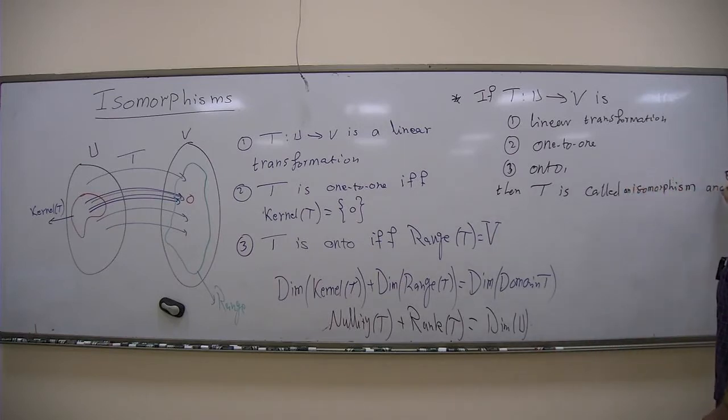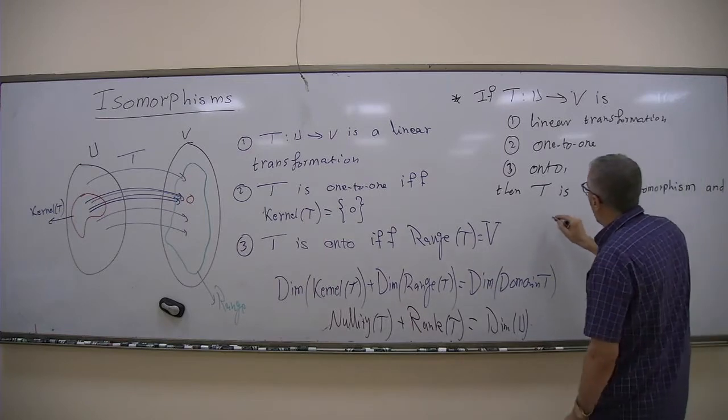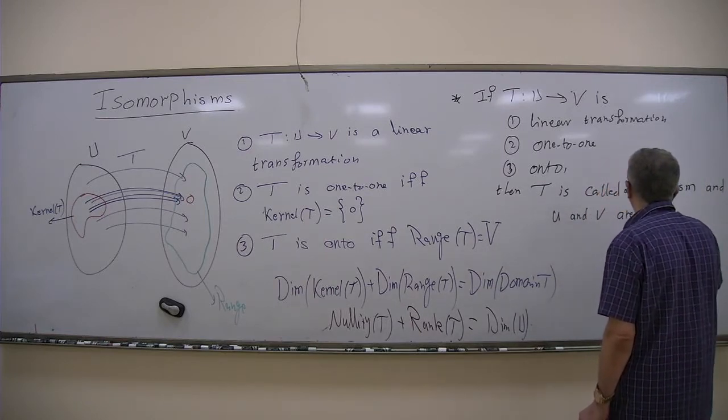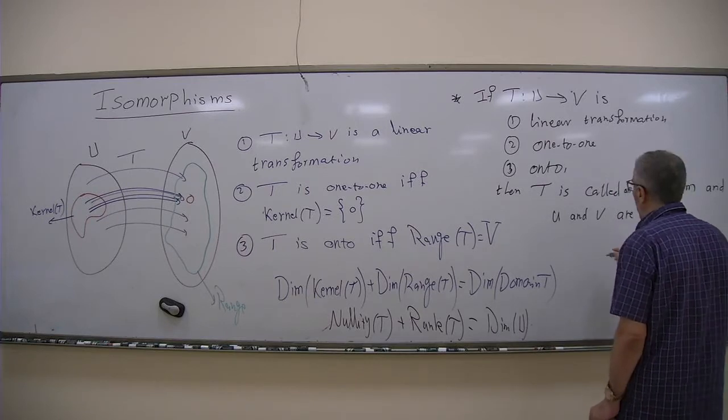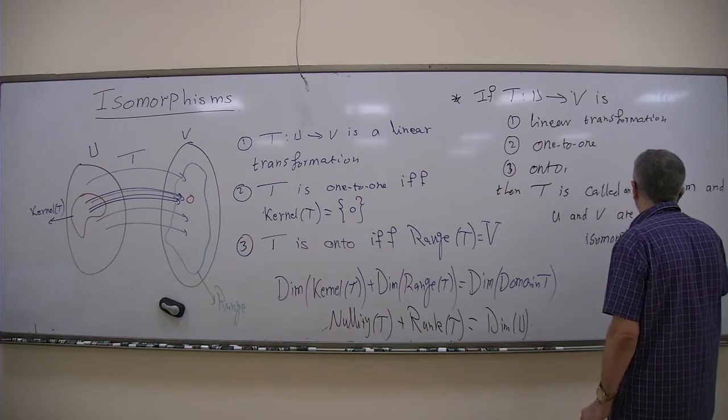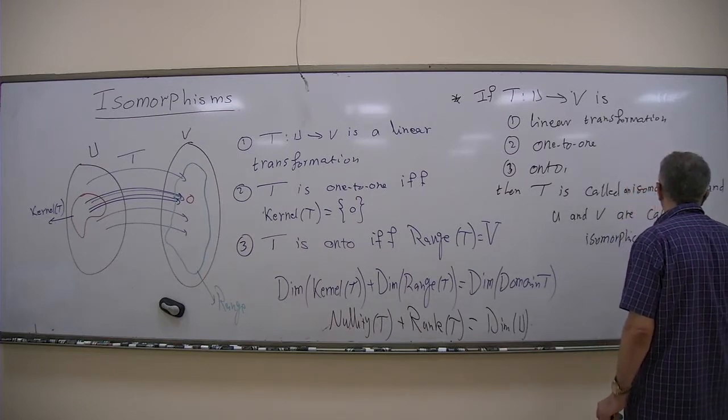And U and V are called isomorphic vector spaces.